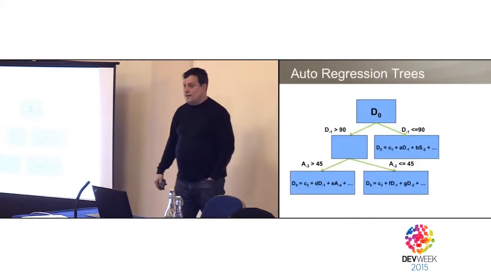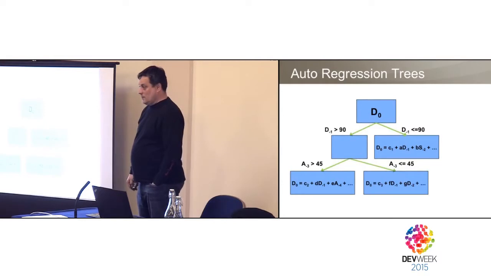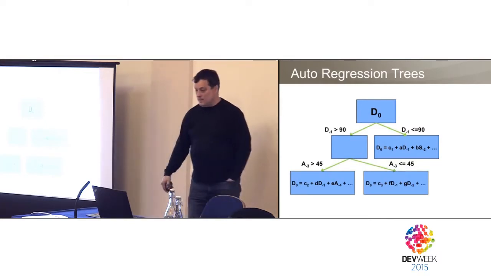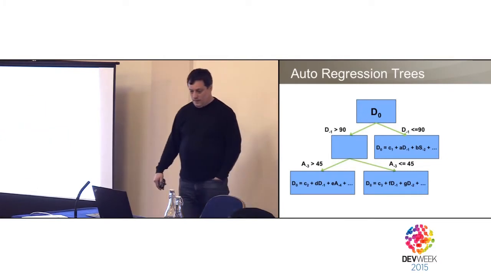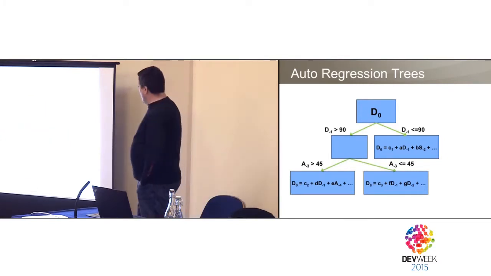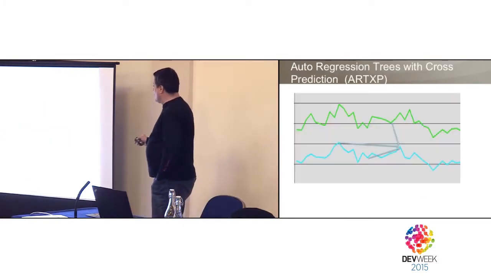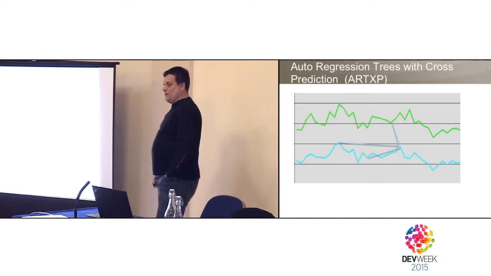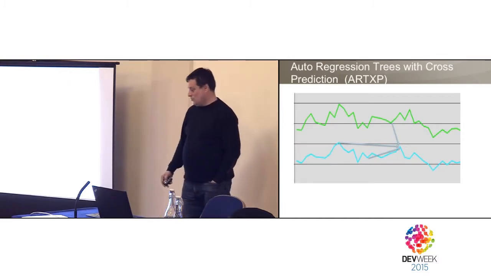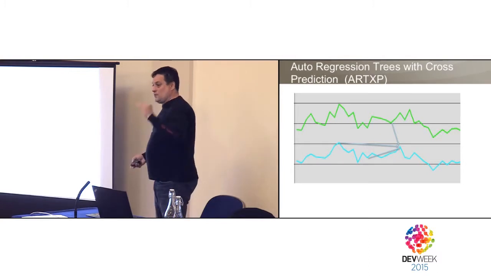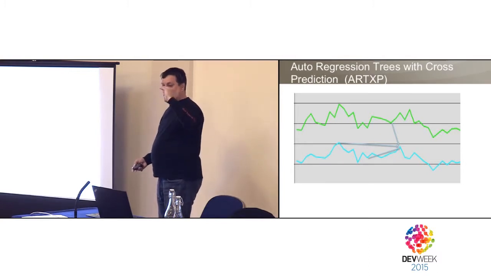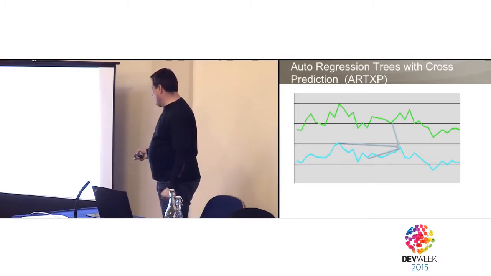So what we get again is regression trees. And we get a piecemeal multiple linear regression formula. We actually get auto-regression trees with cross-prediction, enhanced auto-regression trees. Remember, auto-regression trees use values of the same variable in previous time points. So, like here, I use this value to predict this value.